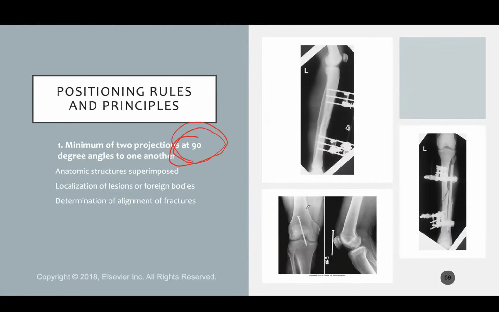Try to always at least get an AP or PA and lateral. That gives 2 dimensions at least if you can't get the oblique. Because as we can see here, we can see the height, the level of both of these, this hardware here. But what does it look like anterior to posterior? There's no way of knowing for that radiologist unless you also grabbed the lateral.